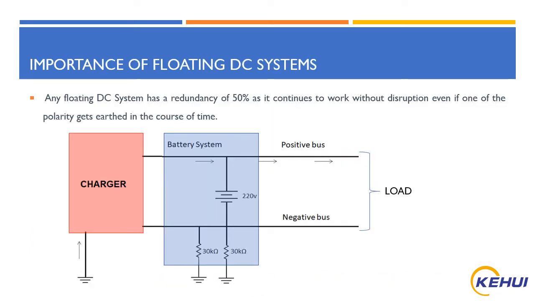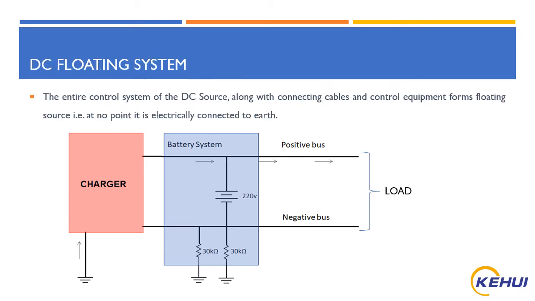Any DC floating system has a redundancy of 50%, as it continues to work without disruption even if one of the polarities gets earthed in the course of time. The entire electrical control system, along with the connecting cables and the control equipment, forms a floating source. That is, at no point is it electrically connected to earth. Whereas in an earthed system, the system gets short-circuited in case of an earth fault with opposite polarity.